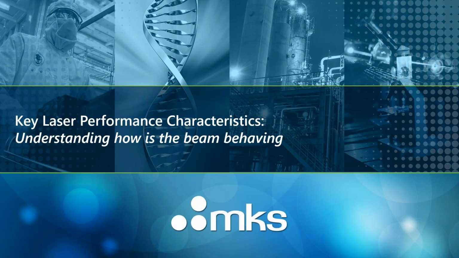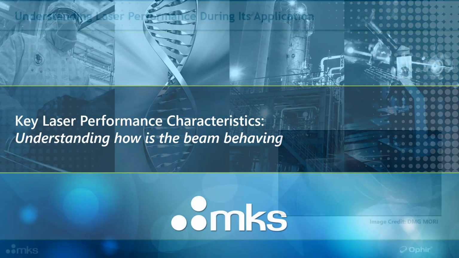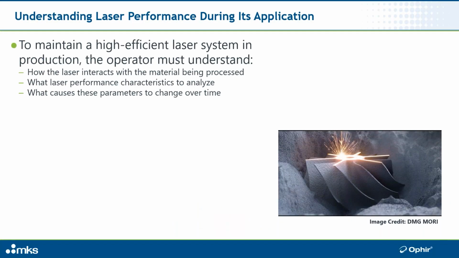Key laser performance characteristics. There are a ton of different characteristics that you can measure on your laser. Let's talk about what's important. To maintain a high efficiency laser system in production, the operator must understand how the laser interacts with the material being processed.